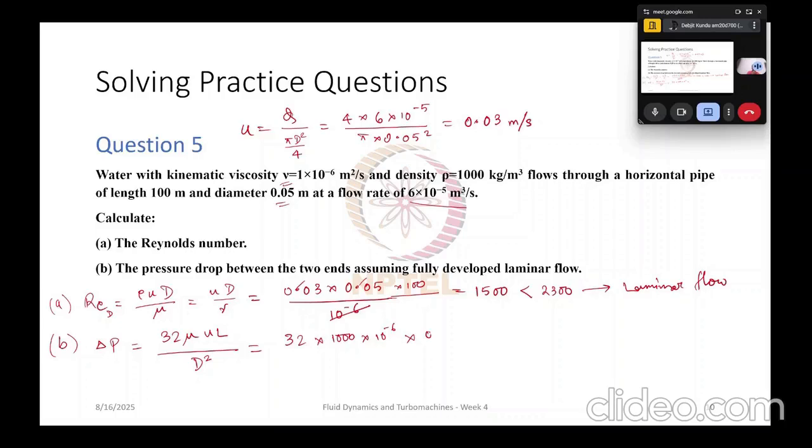Into u we found out as 0.03. The L is given as 100 meters. And we have to divide this by the diameter squared, so 0.05 square.